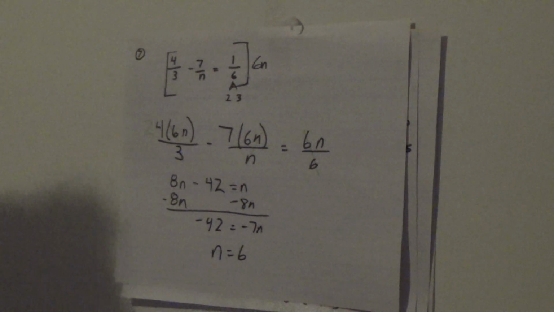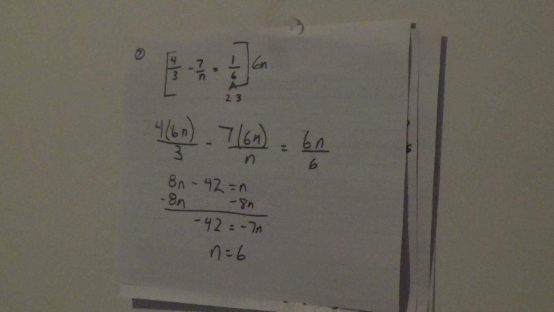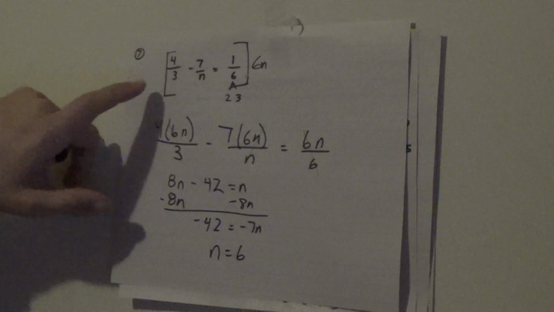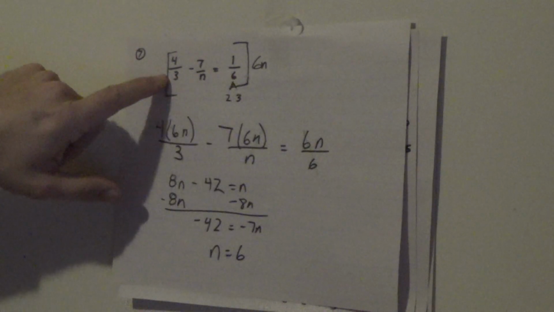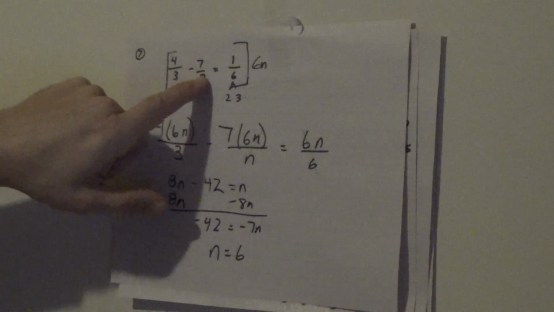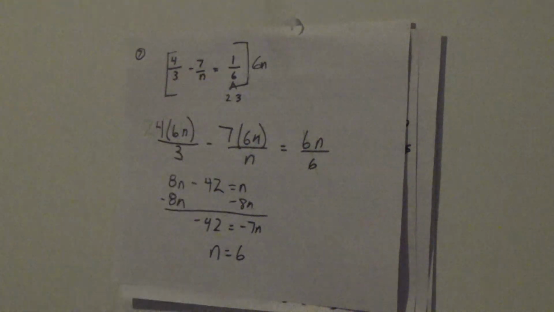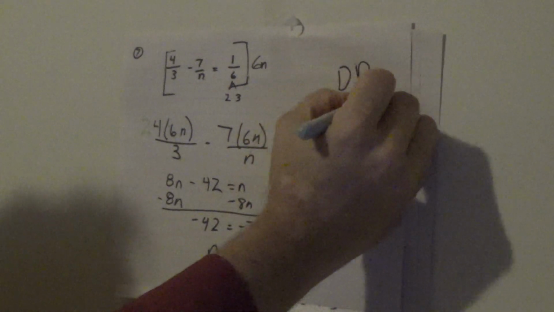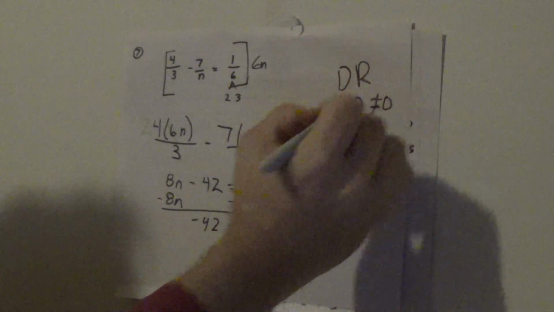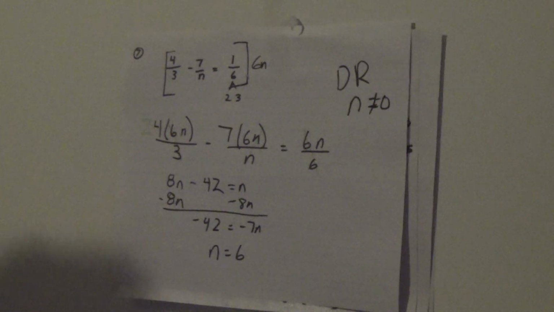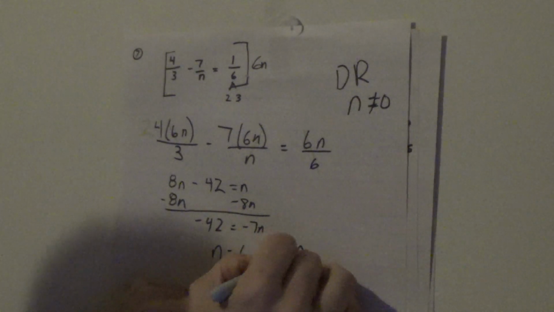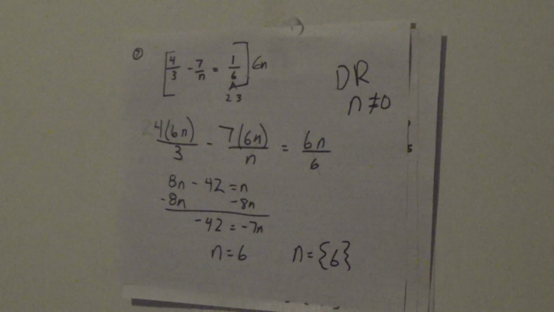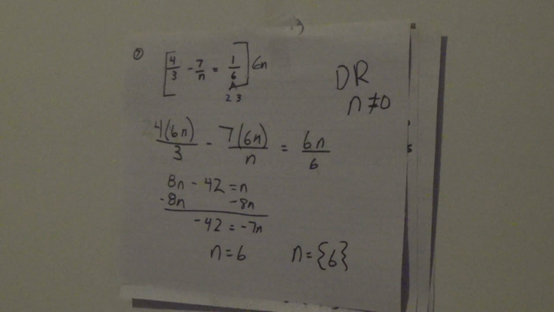Now, we have to make sure our answer is not restricted in the domain. So let's look at the initial question. What variables were in the denominator? Well, it's just an n. So we know our domain restriction is n cannot equal 0. But it doesn't, so that's okay. So we know that n is equal to 6. And that's it. That's number 7.